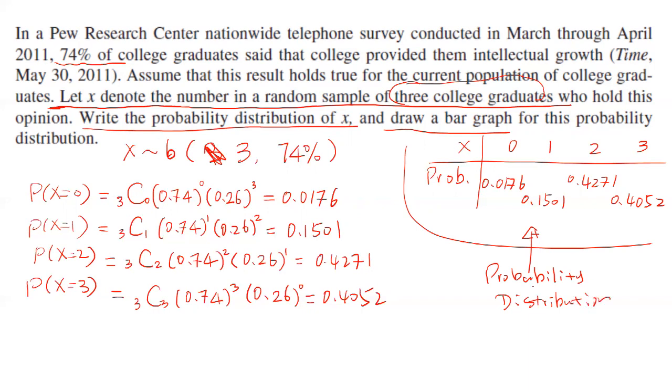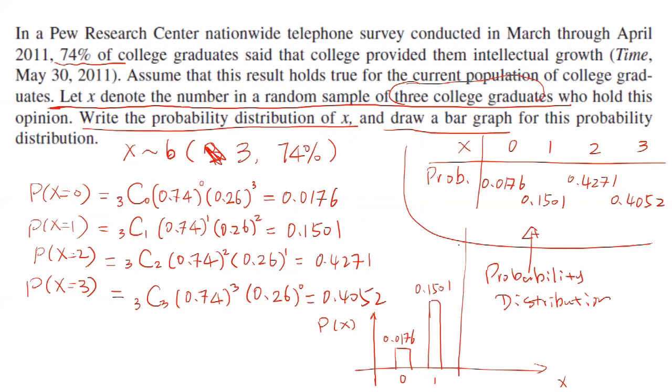And based on this probability distribution, we can draw a bar chart that illustrates the probability distribution of X. So this is our P(x), this is X. When X is 0, the probability is 0.0176. When X is 1, the probability is 0.1501.